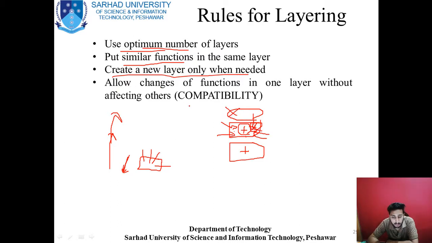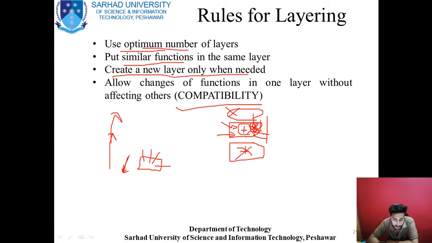And you should make sure that all these layers are made compatible to each other. What do I mean by compatibility? It means that if you have changed or modified a small portion of a layer, it is not appreciated if another layer stops working.